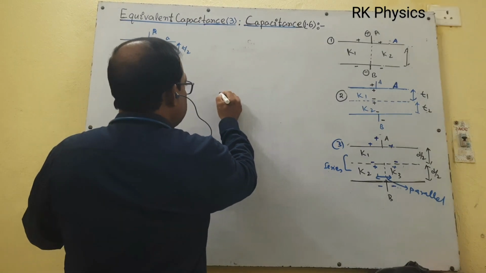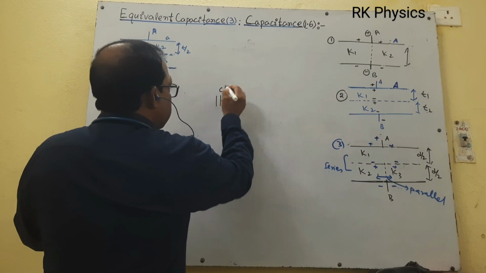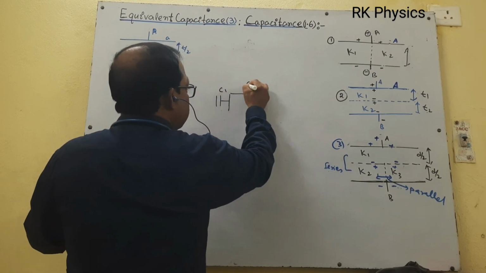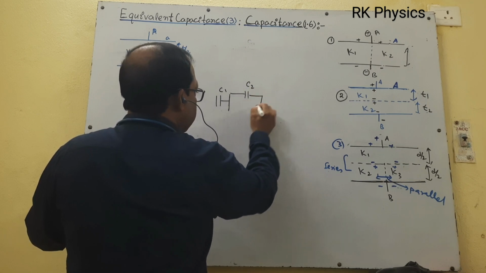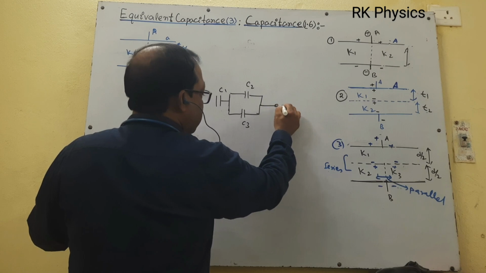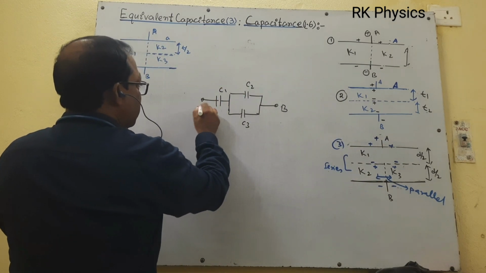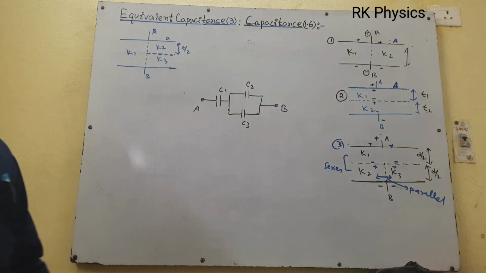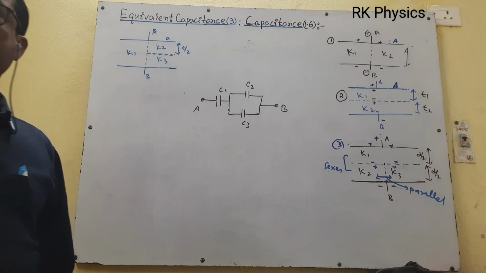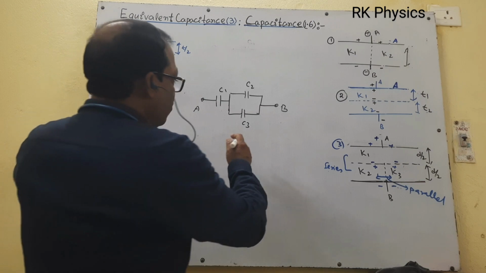The equivalent diagram is: first C1, then C2, then C3. This side is B, that side is A. So this is your equivalent circuit. Once you are able to write the equivalent circuit, then find out the values.